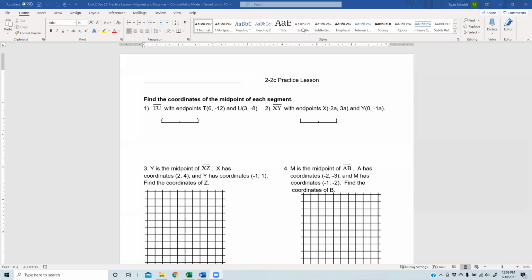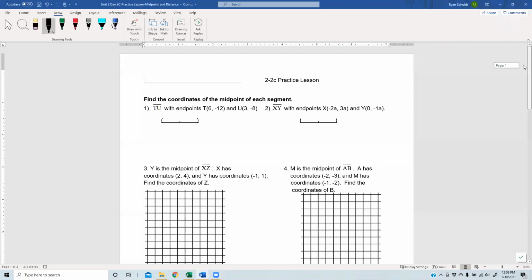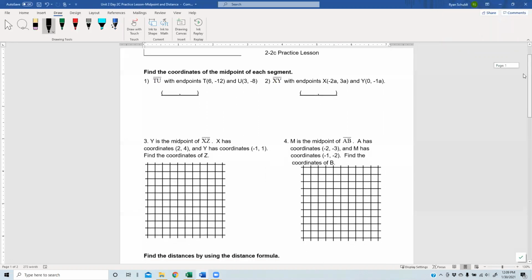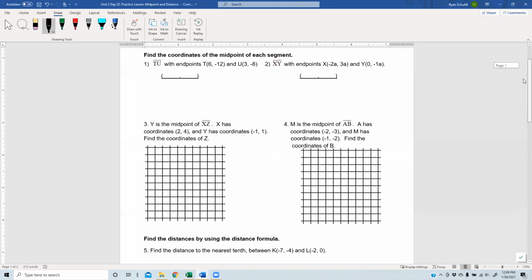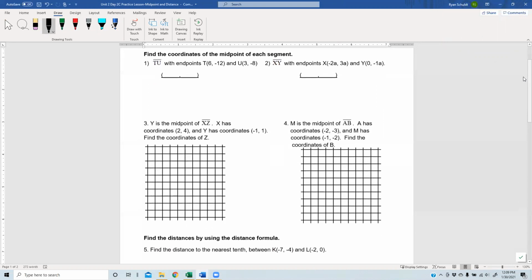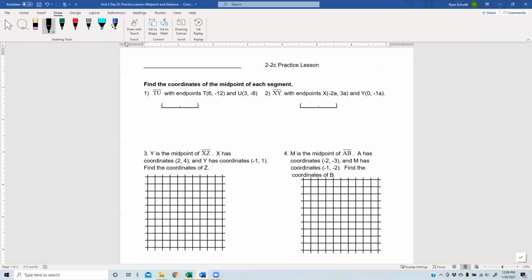Okay, so far we've only talked about 2 concepts, midpoint and distance. So those are really the only 2 we can practice today. Okay, so it asks us, find the coordinates of the midpoint of each segment. Let's remember, before we look at the problems, our formula for midpoint.